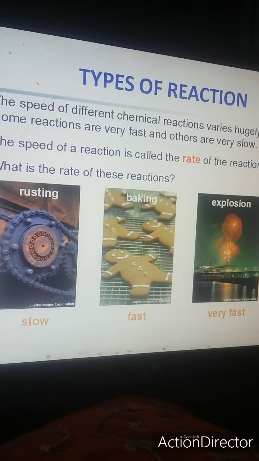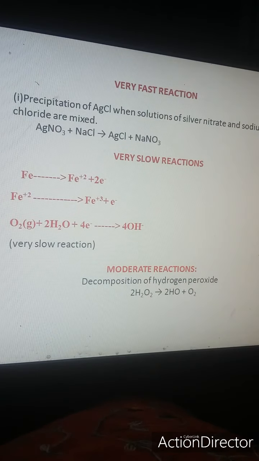For a slow reaction, the best example is rusting of iron. It can take even weeks or months depending on the environmental conditions. A very fast reaction is like an explosion, which occurs within a fraction of a second. In terms of chemistry, a very fast reaction example is the precipitation of AgCl.